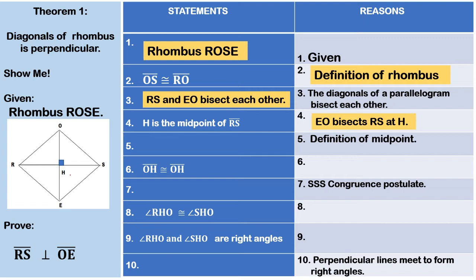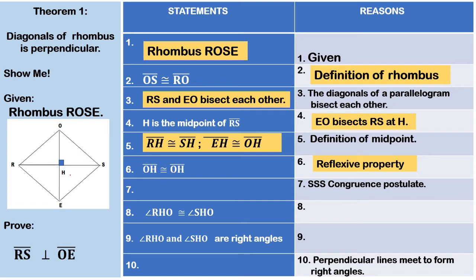Why did we have such a statement? Because of the definition of midpoint, that H is the midpoint of the two bisecting diagonals RS and EO. Next, we can have the sixth statement, which tells us that OH is congruent to OH. What do you think is the reason? By the reflexive property.